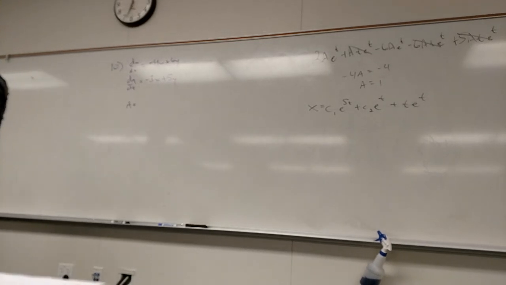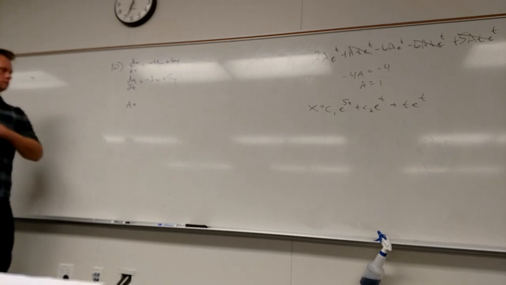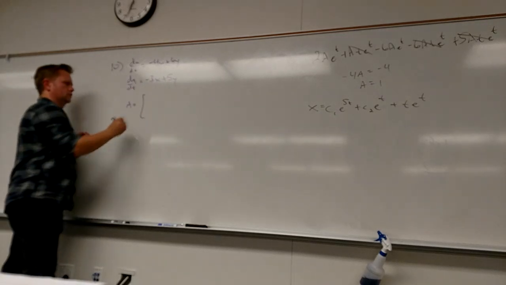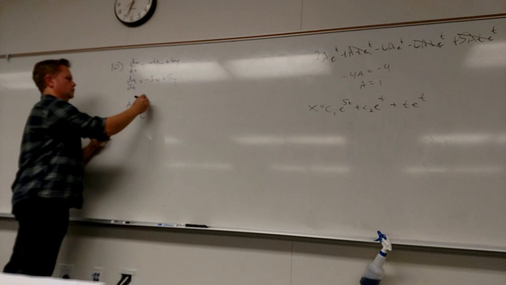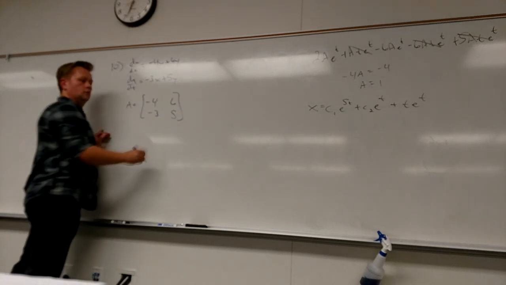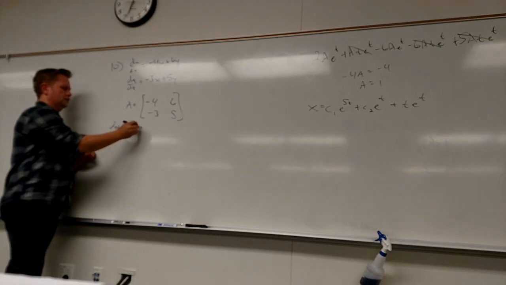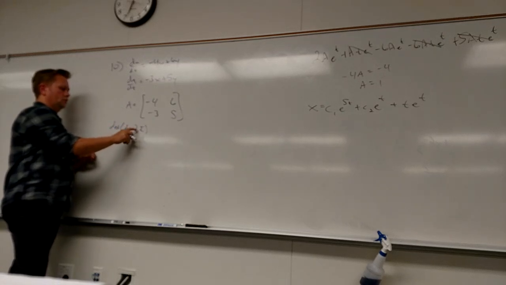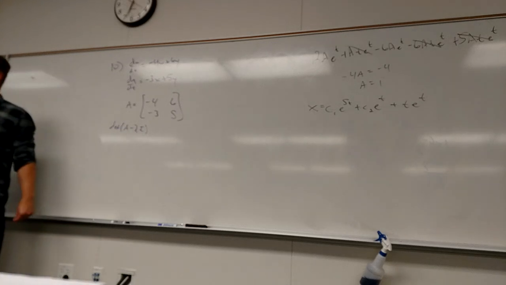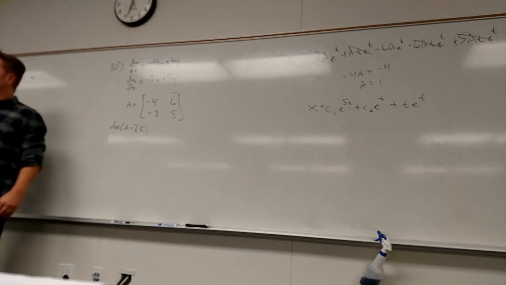So what's A? What's that matrix? Negative 4, 6, negative 3, 5. So then I want to investigate the determinant of A minus lambda I. We are skipping a lot of ideas to get to this, but this always happens the same way.